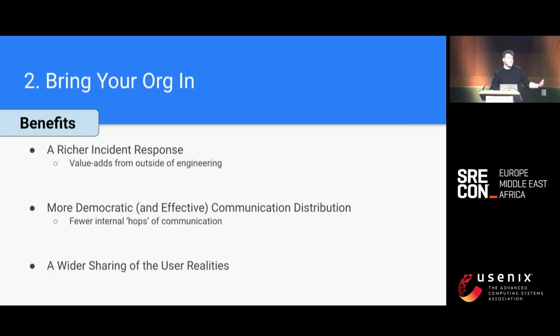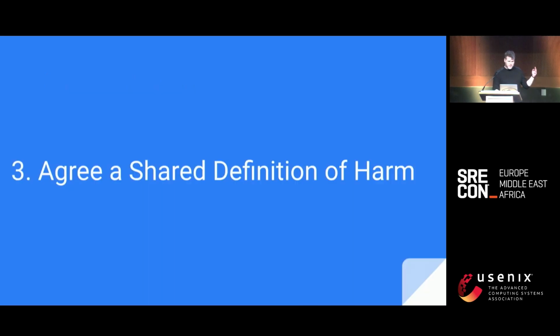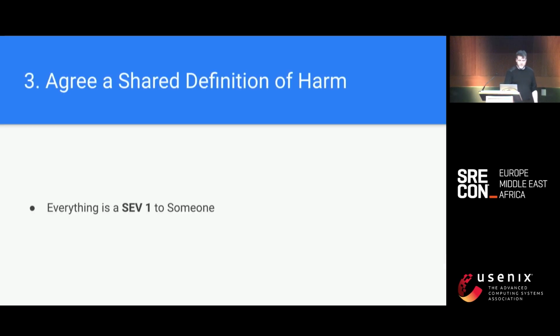So the more departments or functions that have access to the core of your incident, the fewer hops for communication. If it's good enough for networking, fewer hops is also good enough for general communication internally. But the real benefit is a wider sharing of user reality, which we're going to touch on in a few moments.